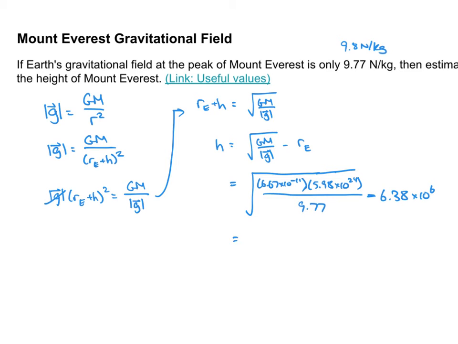So the significant digits is going to be tricky here, so I'm going to do this in a couple of steps. I'm going to first evaluate what's under the radical there. So I'll type in my calculator.